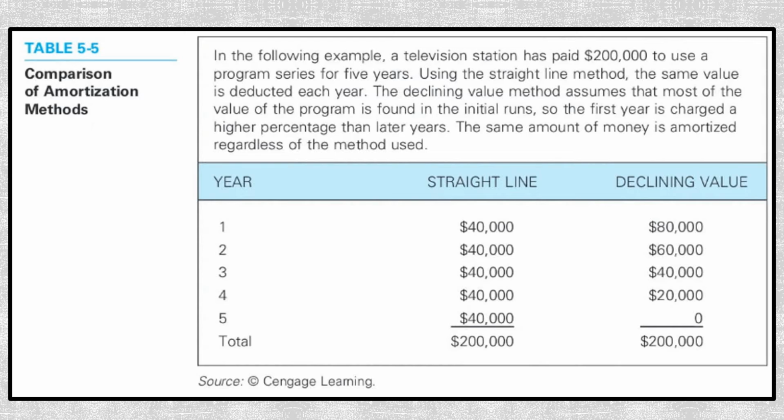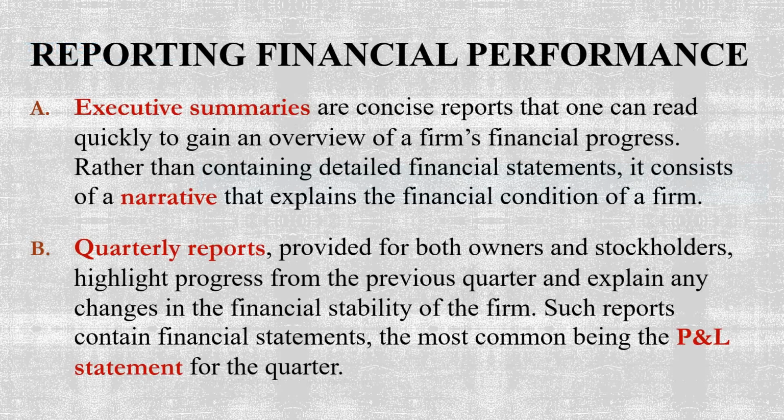That may or may not be the case every time you do a declining value amortization, but it's basically the idea that you consider the loss of value of something more significant when you first own it, as opposed to treating that depreciation equally year after year after year.